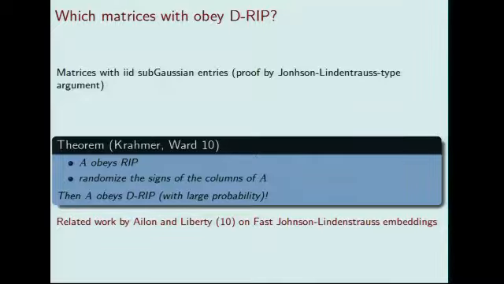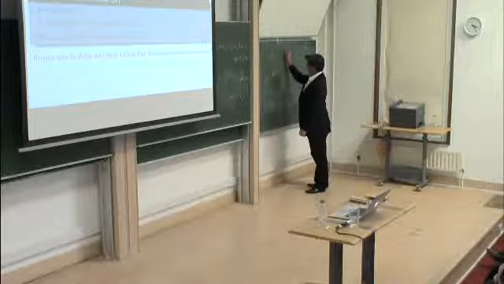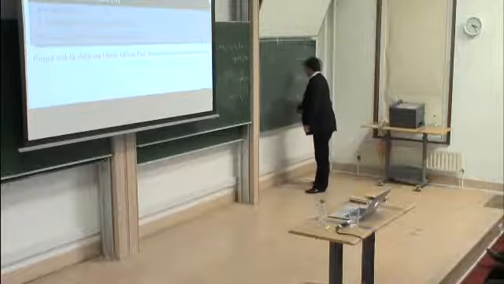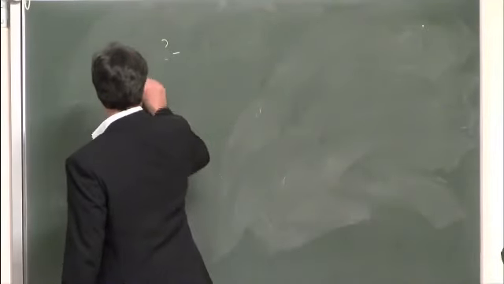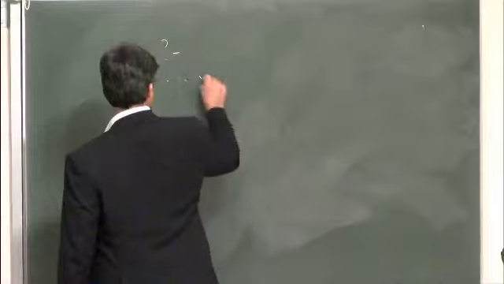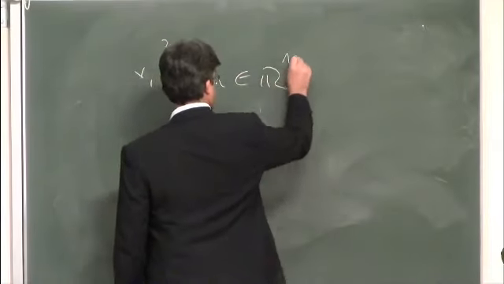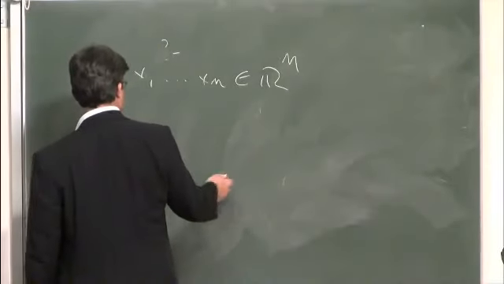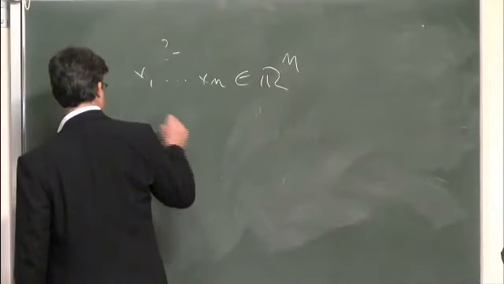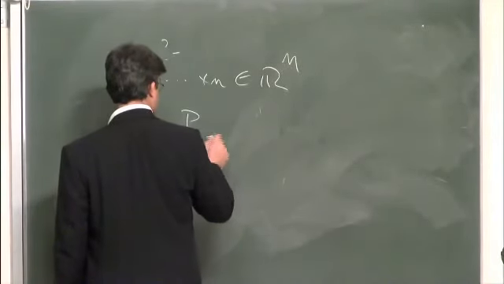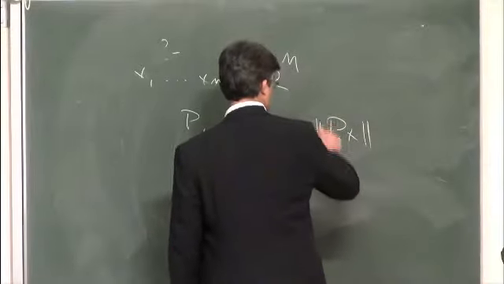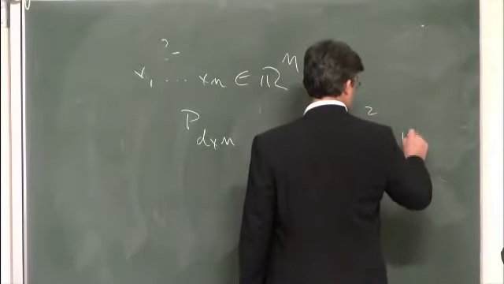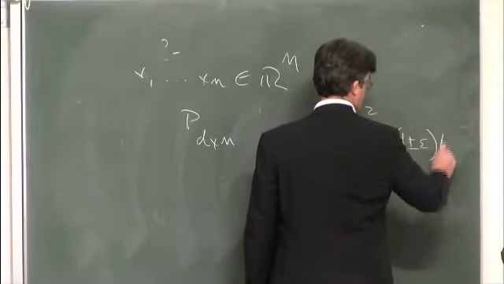It says essentially that if I take n points x1 through xn in Rn, then I can find a projection P of dimension d by n such that P of x is between 1 plus and minus epsilon of x squared.